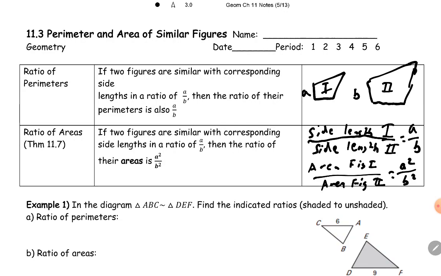So if two figures are similar with corresponding side lengths in a ratio of A over B, then the ratio of their areas is A squared over B squared.